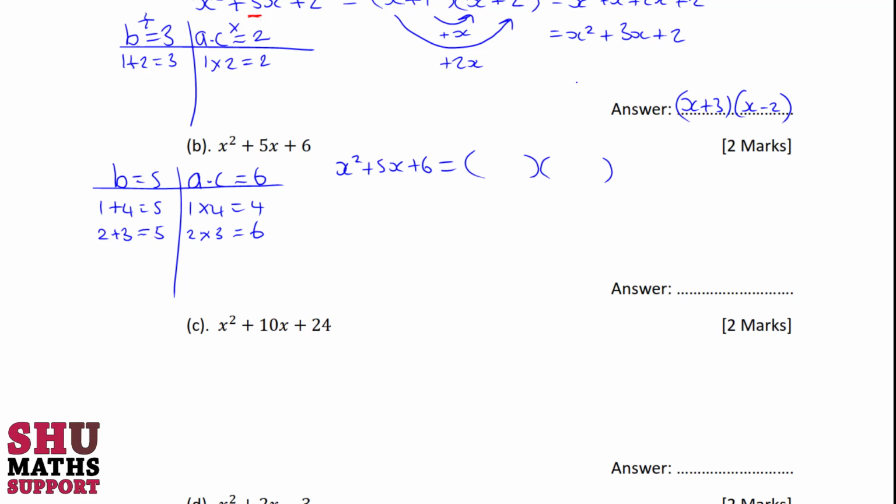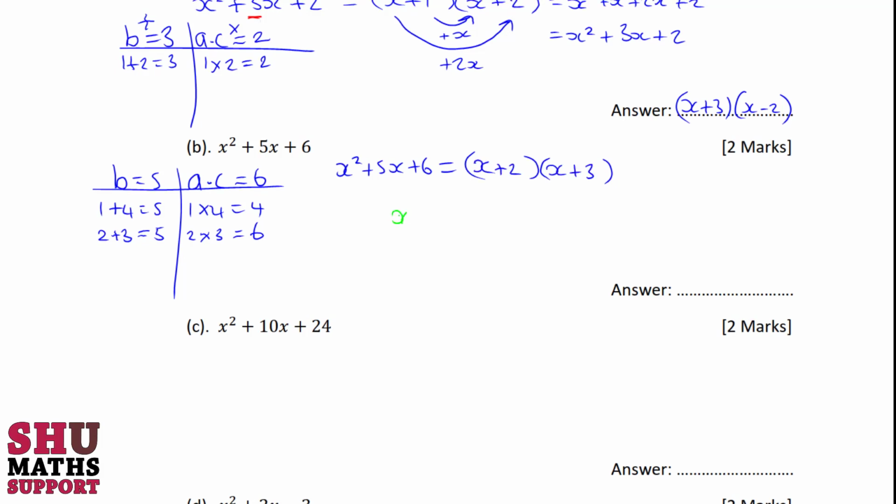So this means if we set up our double brackets, we have x plus 2 times x plus 3, and then let's double check this by expanding. So we have x plus 2 times x plus 3. We have x times x, which is x squared, then x times 3, which is 3x, 2 times x, which is 2x, and 2 times 3, which is 6.